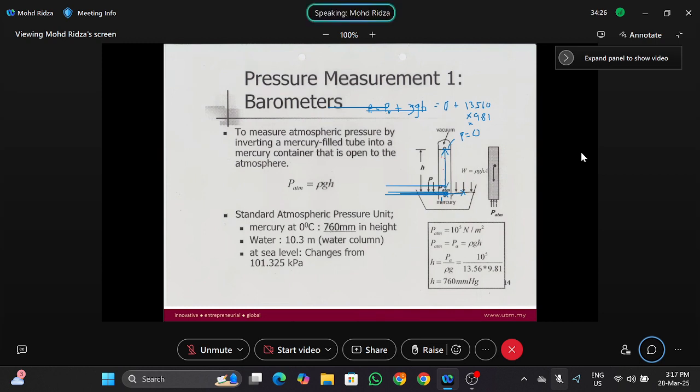We know the height difference is 0.76 meters, times 0.76. So from here, you will get 101.325 Pascal.